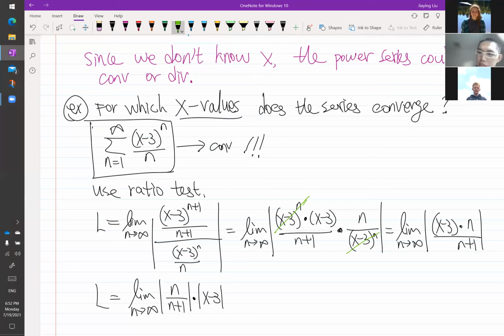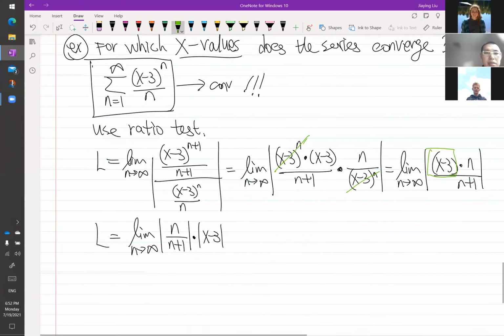Basically, we take out the part which doesn't depend on n, put it aside, and add absolute value to it. Everything else we leave with the limit. By doing that, we can actually take the limit of this expression. For the part that depends on n, we just divide by n and take the limit. The part that doesn't depend on n just stays the way it is.